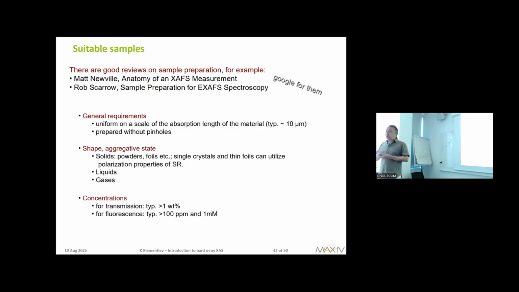So the solution is to grind your powders to a very fine powder, ideally to a particle size smaller than the absorption length at this given energy, which in practical terms is below 10 microns. By eye, you can't tell it. Most practically, it's just by time of grinding.